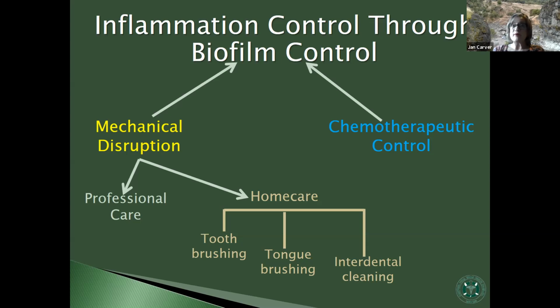It has what they call a bidirectional relationship, which means if you improve someone's diabetes control, the state of their gums will improve. If you improve the state of their gums, their diabetes will improve. So they have established a very direct relationship.